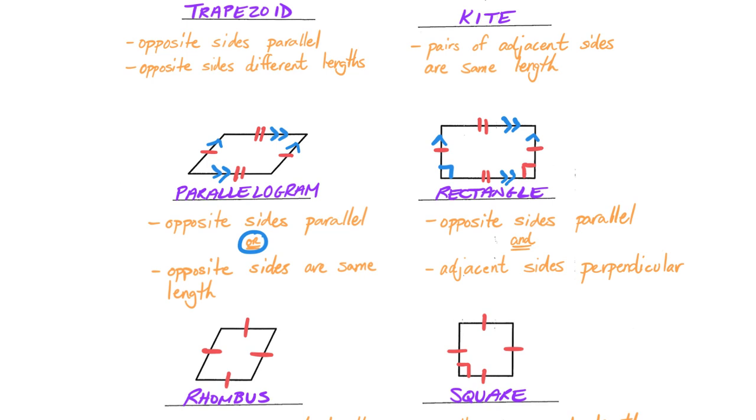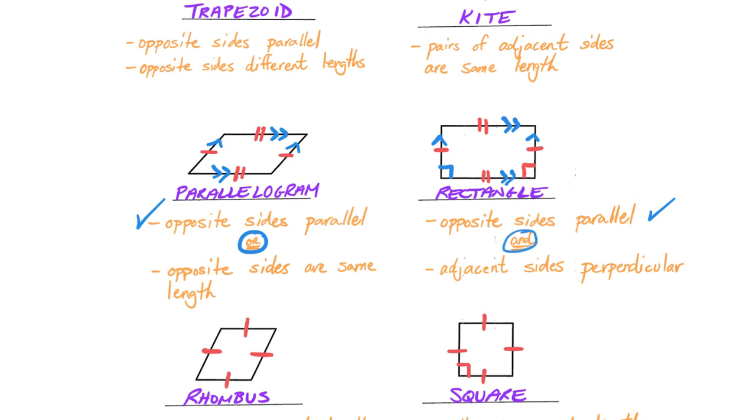So if I construct a four-sided enclosed shape, and I draw my opposite sides being parallel, then I've created a parallelogram. Done. Well, now look to the right. We're going to look at the rectangle. My rectangle's blue properties also show that opposite sides are parallel. So if I make my opposite sides parallel, check. Rectangle? Not quite.